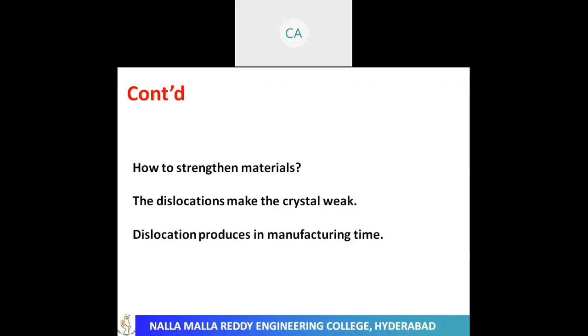The other alternative: plastic deformation is happening because of the motion of dislocations. So, if we can obstruct the motion of dislocations, various kinds of ways have been used in engineering to achieve such strengthening.